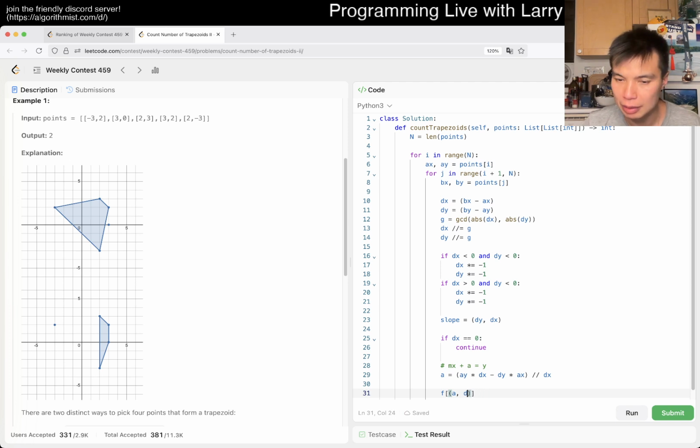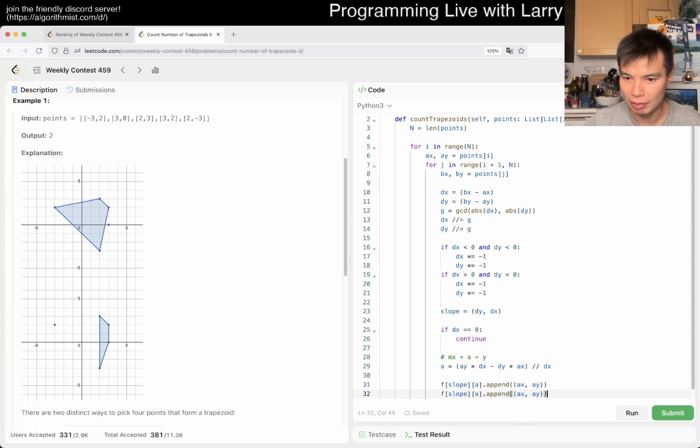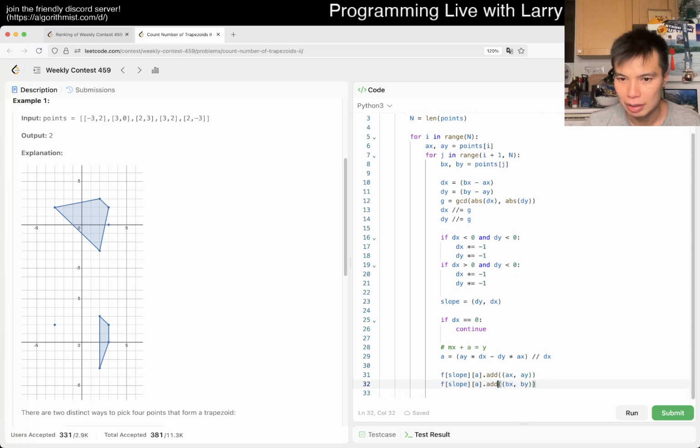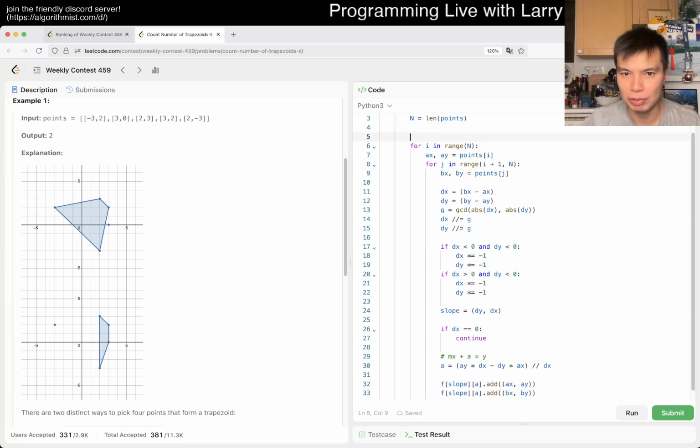I want to write it as slope, add ax, ay, and also bx, by. Or I guess it's not an append, it should be an add to a set. So then now what we want is f dot, for every slope we have a set.